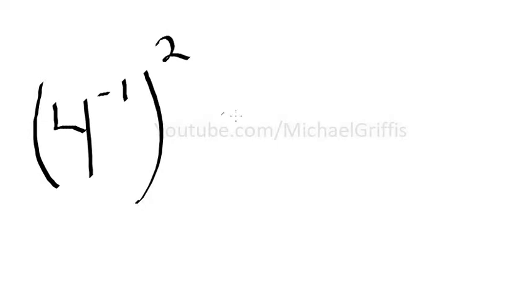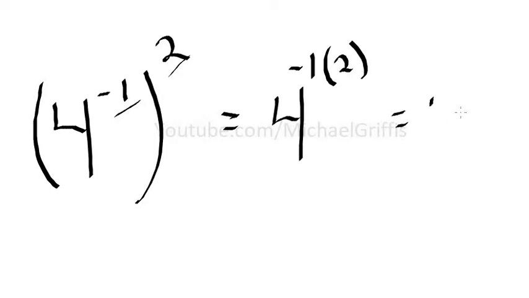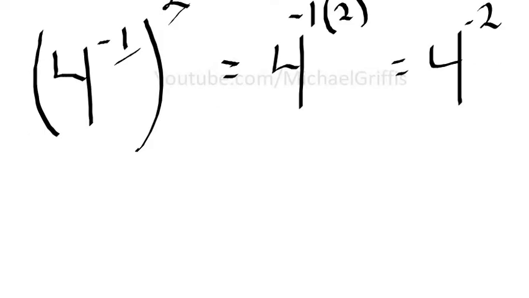How about 4 raised to the negative 1, and the whole thing is squared. So we multiply these two numbers together, so this becomes 4 raised to the negative 1 times 2, which reduces down to 4 to the negative 2. But in most cases, we don't leave our answer with negative exponents.